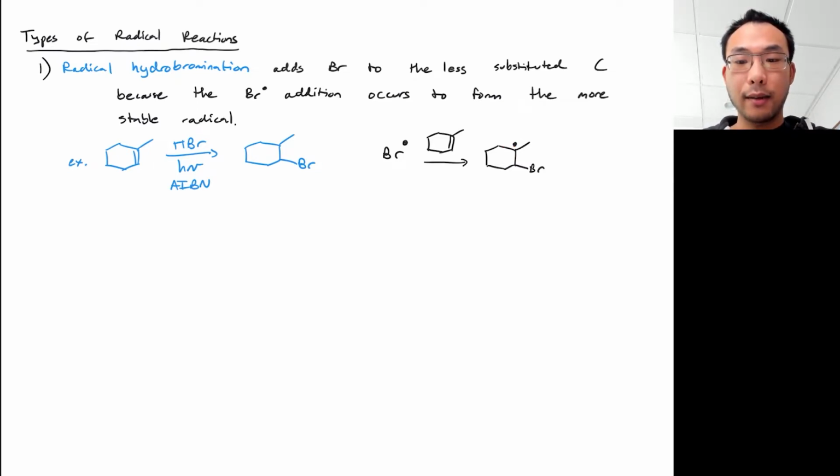So when we have the addition of the bromine radical to the alkene, we have a choice of whether we want that resulting carbon radical to be on a tertiary carbon or a secondary carbon. Since the tertiary one is more stable, that's the one that's going to be a lower energy barrier process, and that's the one that's going to happen more often. This should be our major product.